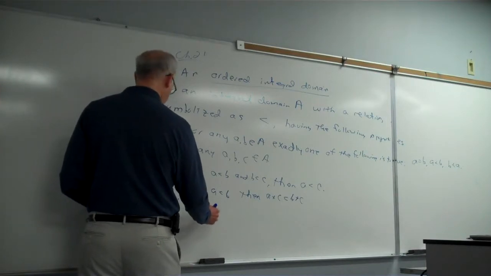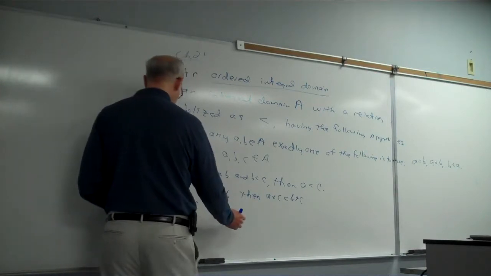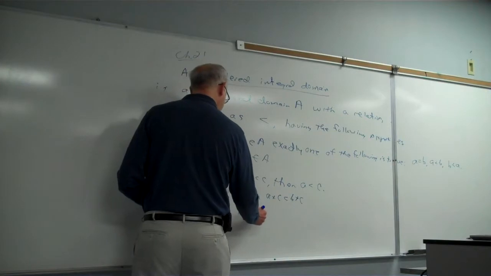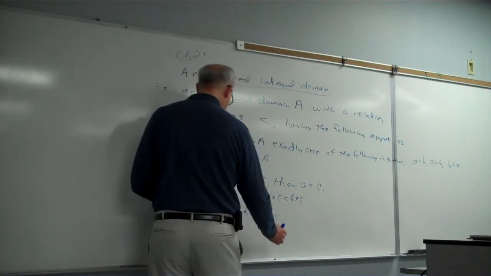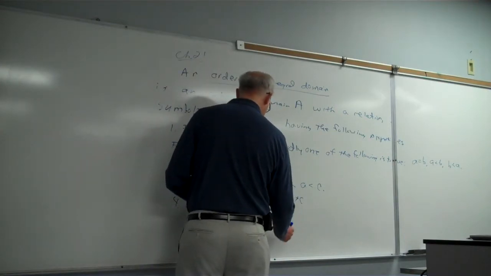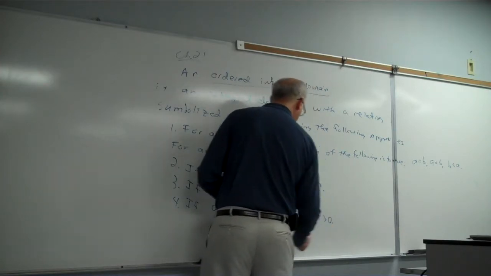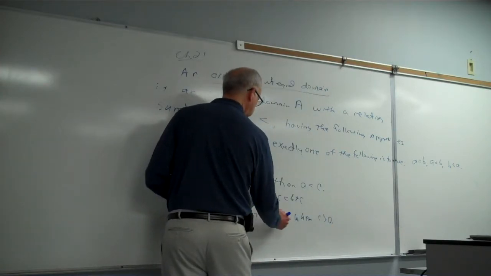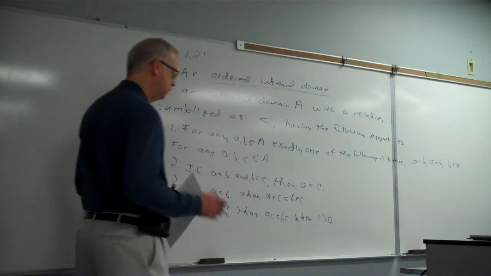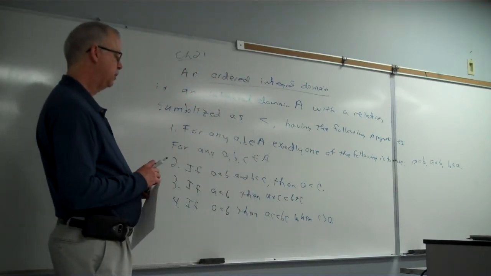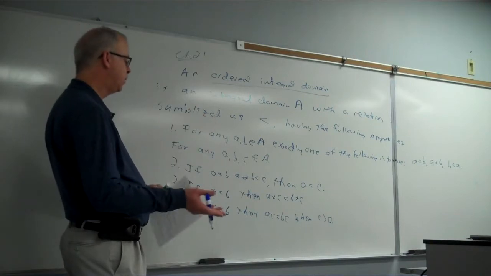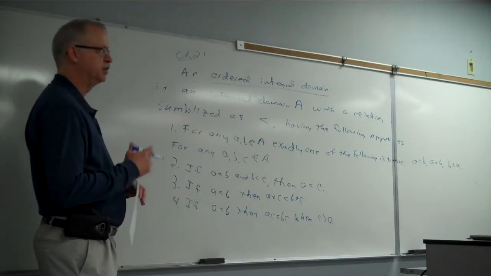And this last one: if A is less than B, then AC is less than BC when C is greater than 0. So if we multiply both sides by the same positive number, the direction of the inequality stays the same.